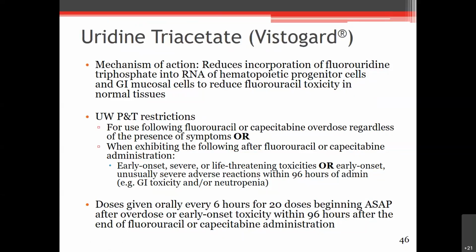It's recommended that this be started as soon as possible after an overdose or after the onset of severe toxicities, and it's approved for use within 96 hours of the end of those drugs. It is important to know that this medication is very costly, so currently the cost of a treatment course with uridine triacetate would be about $80,000 for UW.